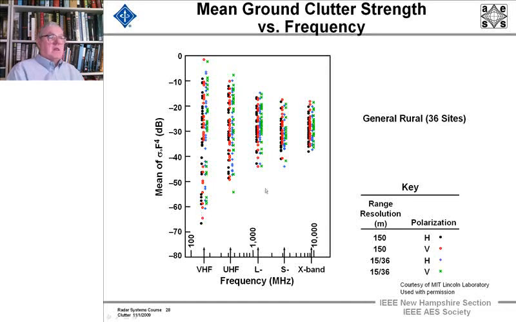And that spread lessens as you go to higher frequencies. And this is for general rural sites, 36 of them.